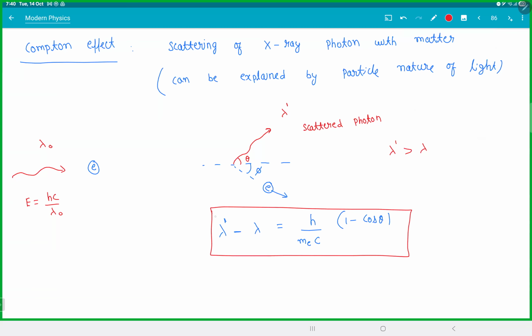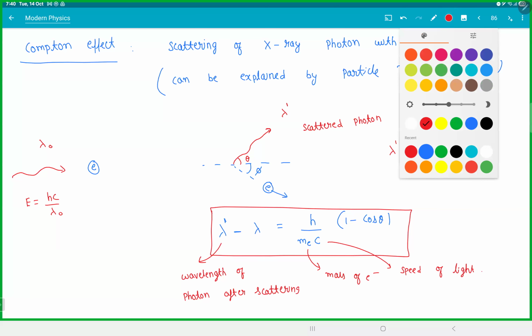This is the wavelength after scattering. m is the mass of the electron and c is the speed of light. There, that's your whole theory of X-rays.